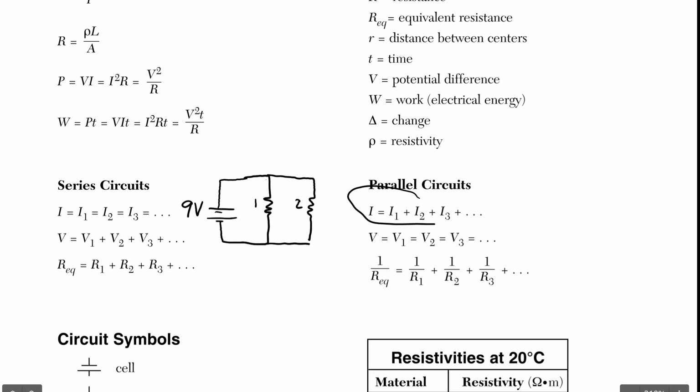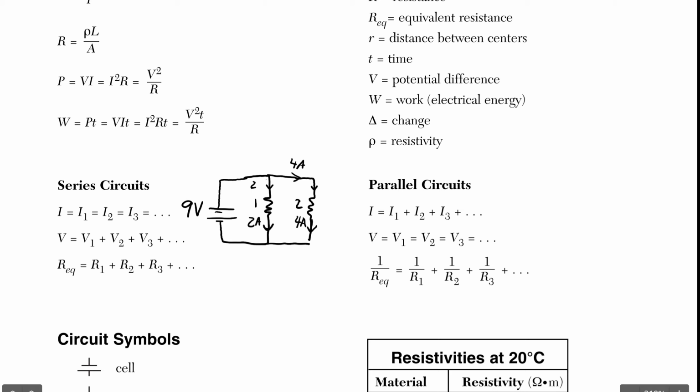Let's look at the current through each branch. Again, we have branch 1 and branch 2. Let's say the current through this one is 2 amps, and through this one it's 4 amps. That means over here too this is 2 amps, and over here is 4, and even over here this would still be 4 amps. It's part of this branch.